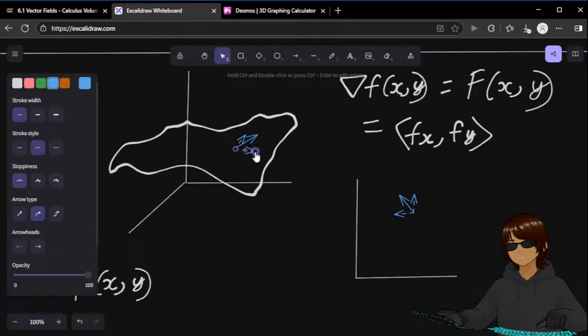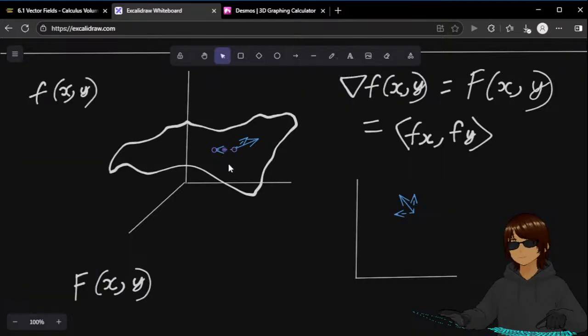This is parallel, this is parallel, and this is the sum of these two. Wait, I think this should be decreasing, right? Because it's going down. This should be negative because f is going down as y increases. So this should be increasing here.